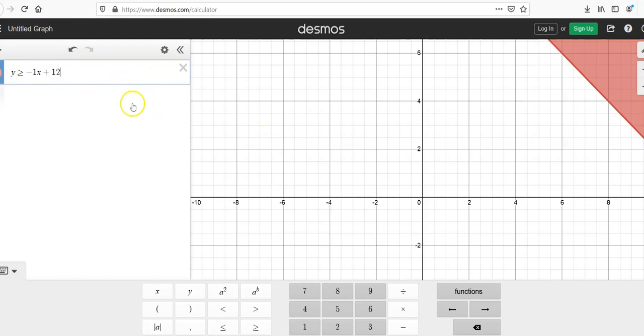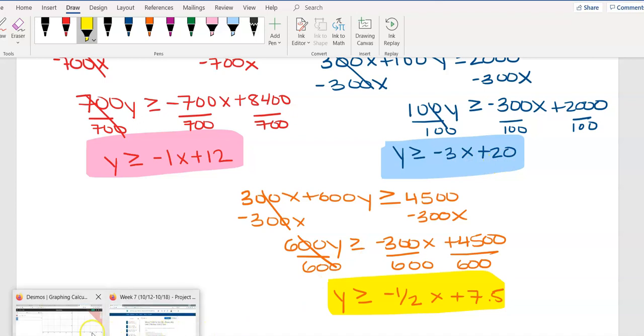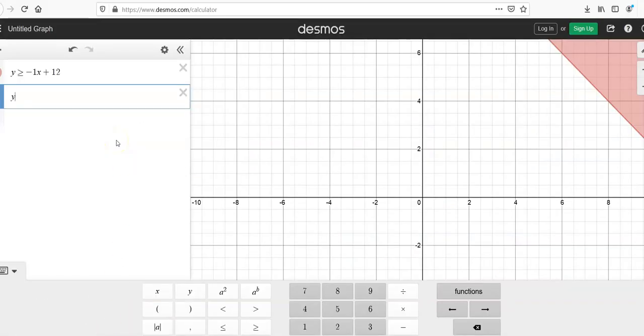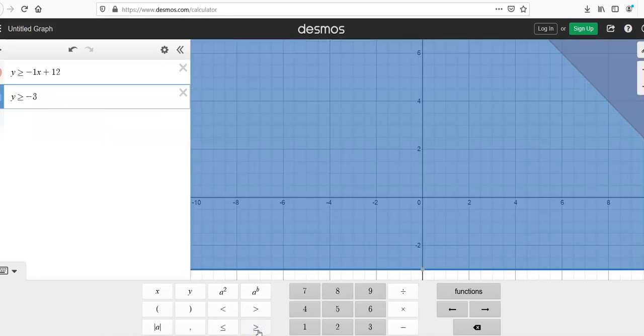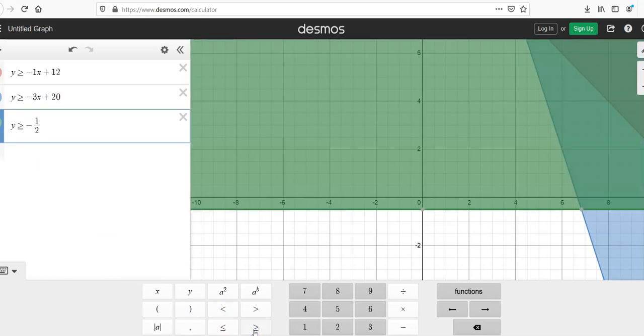It's the first one. Then if I want to do another one, I believe our next equation was negative 3x plus 20. So I'll type that one in. y is greater than or equal to negative 3x plus 20. So there's that one. And then my third one was y is greater than or equal to negative 1/2 x.